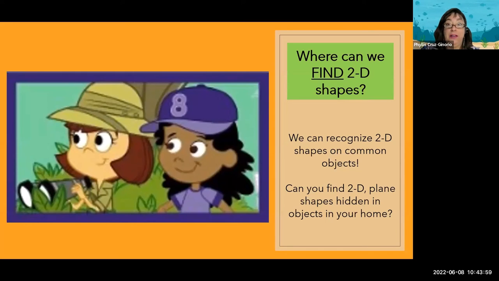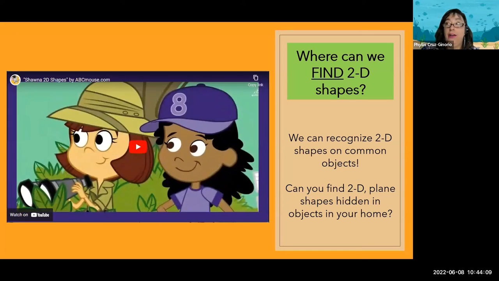All right, let's move on. Remember when I said, I spy, I found a rectangle on my computer? We can observe, look, and find 2D shapes all over the place. Yeah, my light is in the shape of a circle.